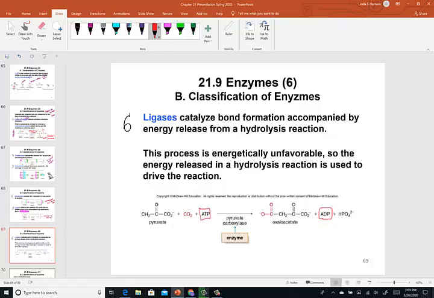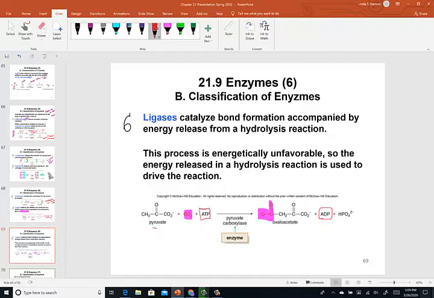Here we have pyruvate plus carbon dioxide. And on the other side, notice that we've added on the carbon dioxide to the molecule. So catalyze bond formation means to lengthen the molecule.